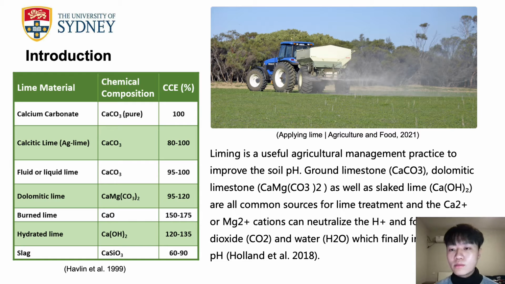Since ancient Rome, lime has been applied to solve the problem of soil acidification. Even now, the application of lime is one of the most common and effective methods in dealing with soil acidity. In the agriculture system, lime mainly comes from coastal dunes and crushed limestone. According to the report from the British Survey of Fertilizer Practice, the most common liming material for arable crops and grassland is ground limestone.